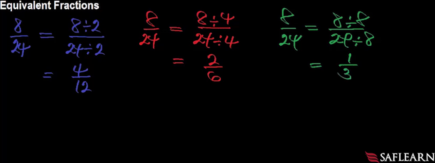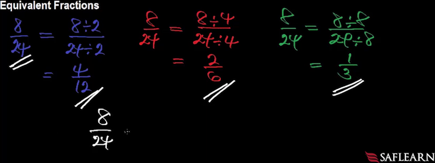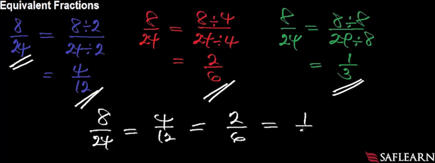This means that the fractions 8 over 24, and then 4 over 12, and then 2 over 6, and then 1 over 3 are all equal, which is to say that 8 over 24 is equal to 4 over 12 is equal to 2 over 6, and this is equal to 1 over 3. Now when fractions are equal in this way, they are called equivalent fractions. Equivalent fractions look different structurally, but they are the same in value.